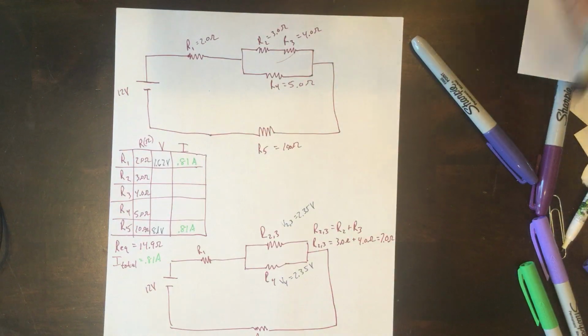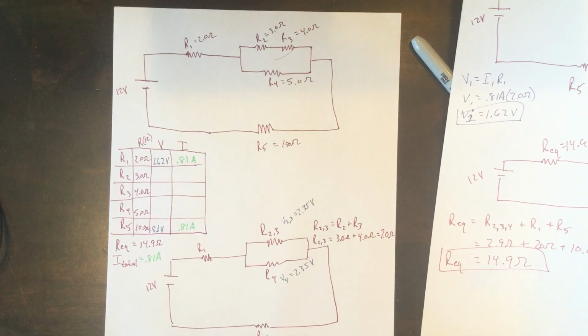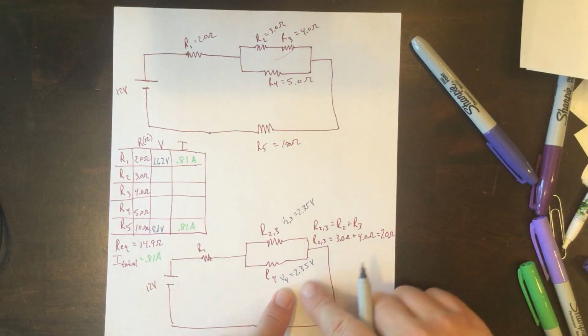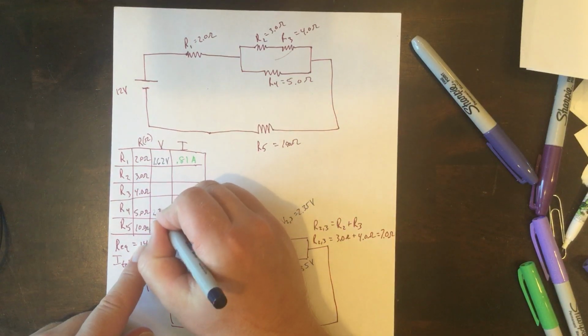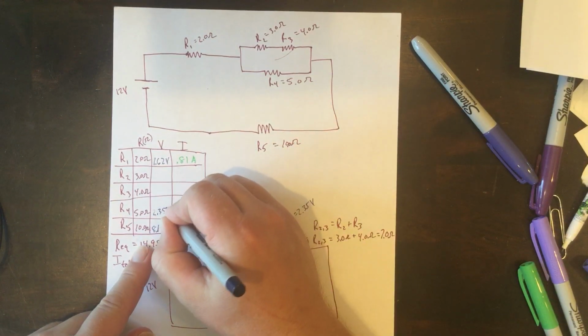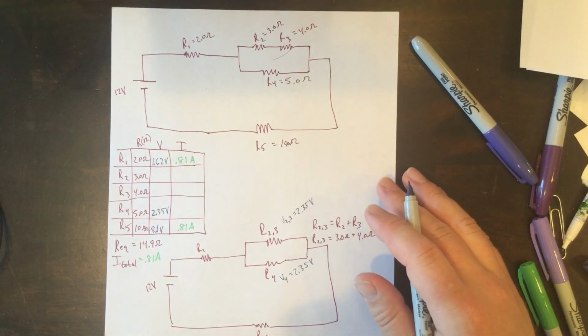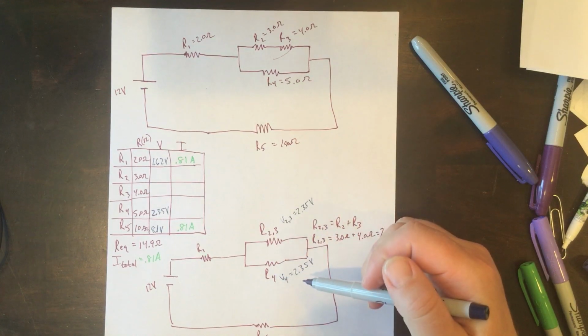All right, now we're back to here. So can we fill out anything in our chart? Yep, I know my voltage, 2.35. But I need to figure out the currents for both.